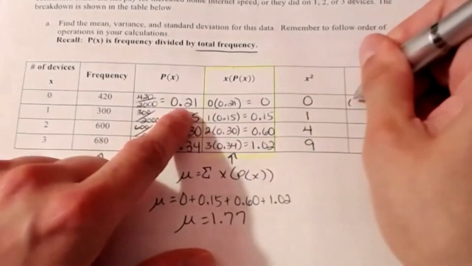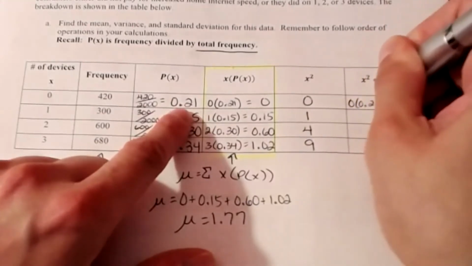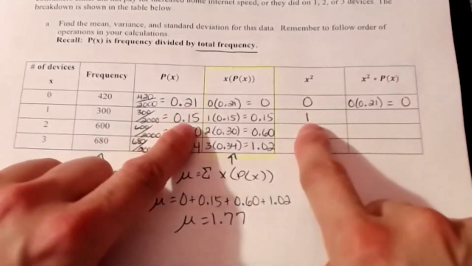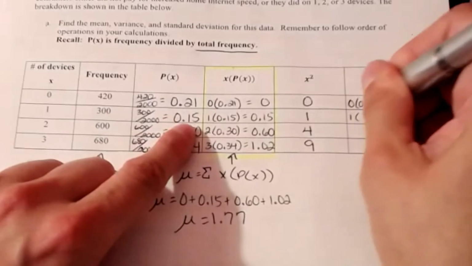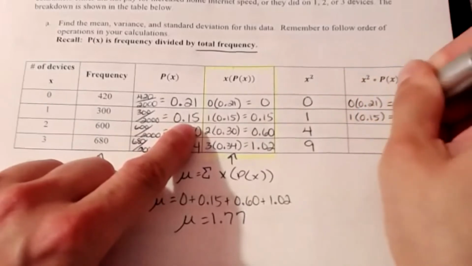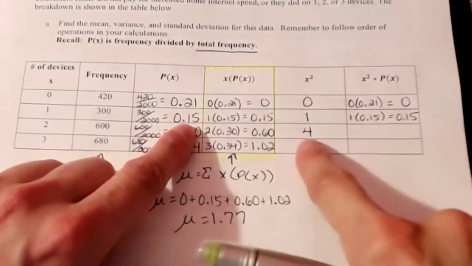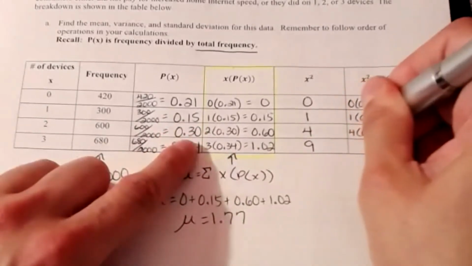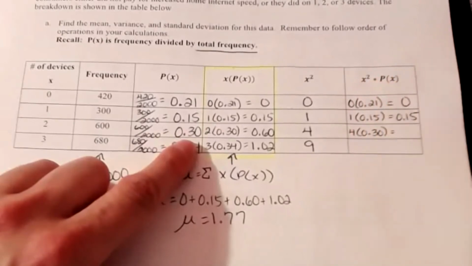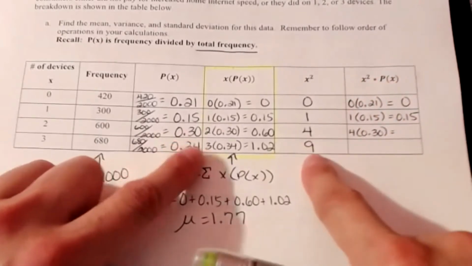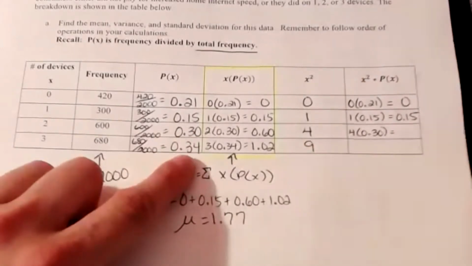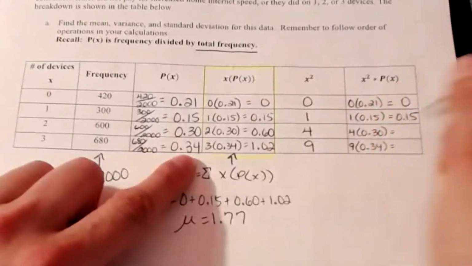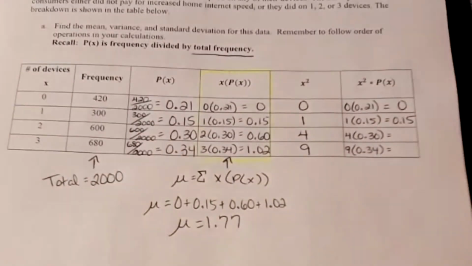So 0 times 0.21 gives us 0. Next, 1 times 0.15 gives us 0.15. Now we have 4 times 0.30. Go ahead and write down that value. And then we are left with 9 times 0.34. Go ahead and write down that value as well.